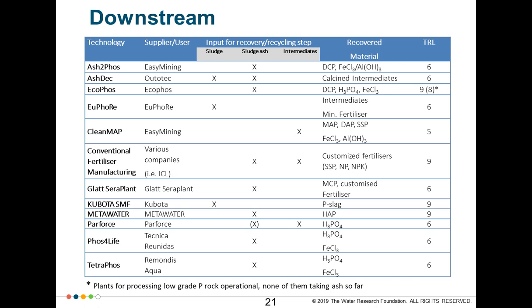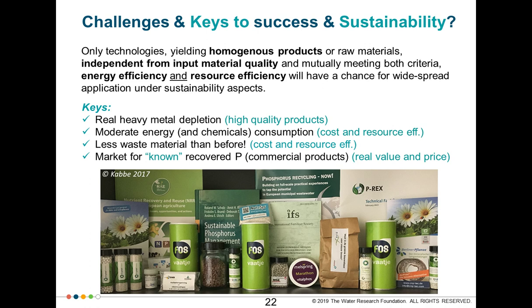There are also other approaches like thermal conversions or even smelting, but these are not as effective in terms of heavy metal depletion as the leaching ones.